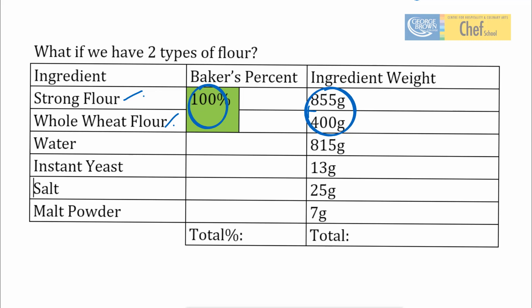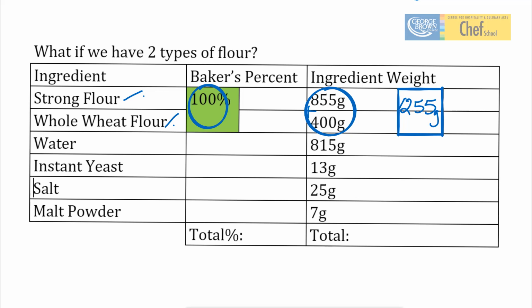We're going to express each of these individual flours, the strong flour and the whole wheat flour, as components of. So we're going to take our 855 grams and we're going to add our 400 grams. Our total flour weight is going to be 1,255 grams.